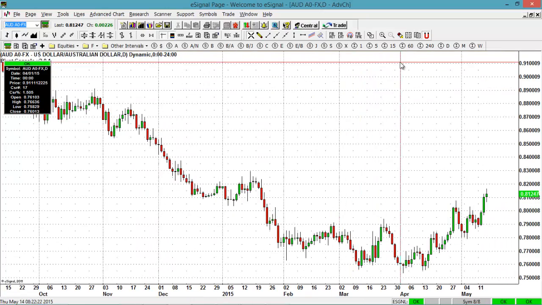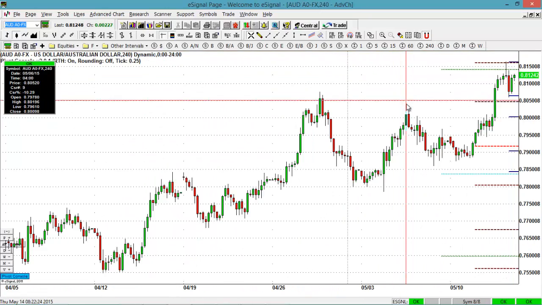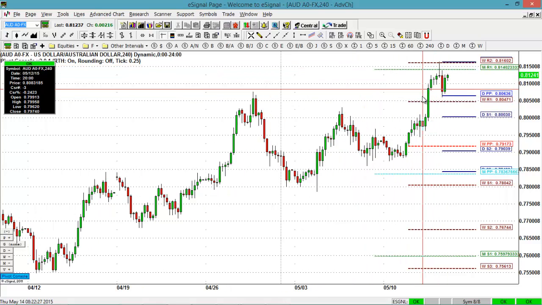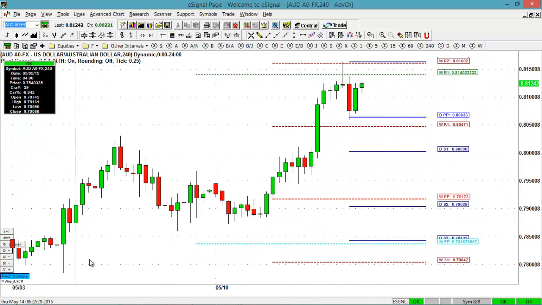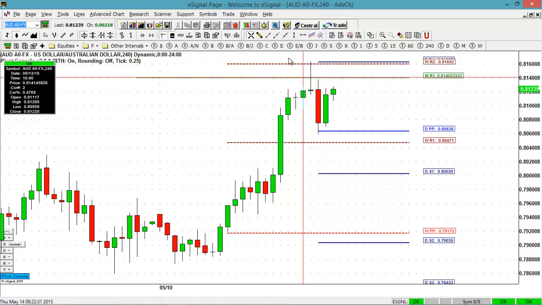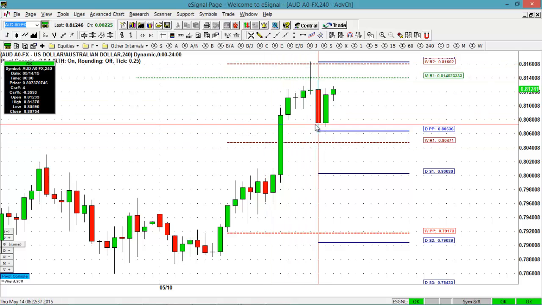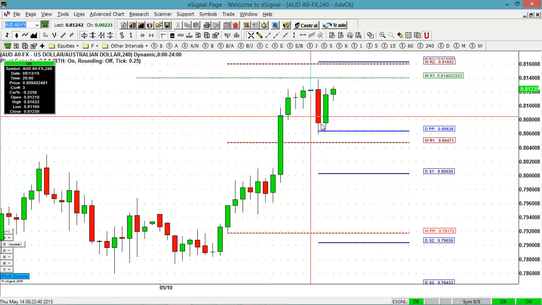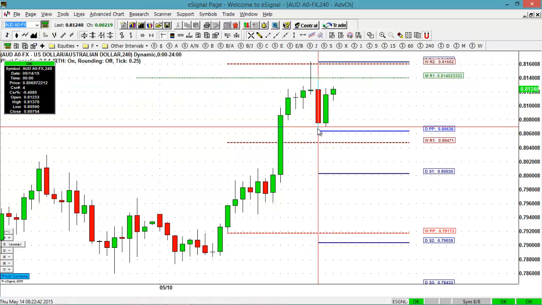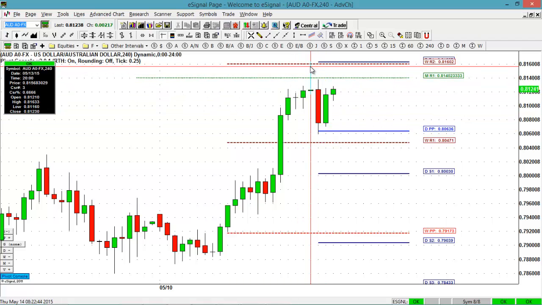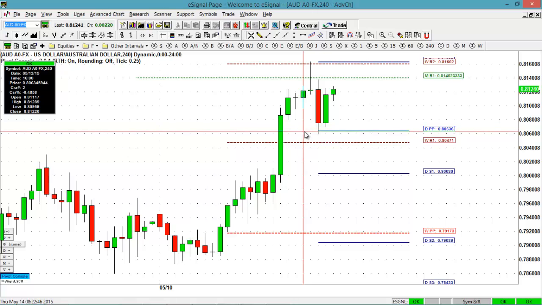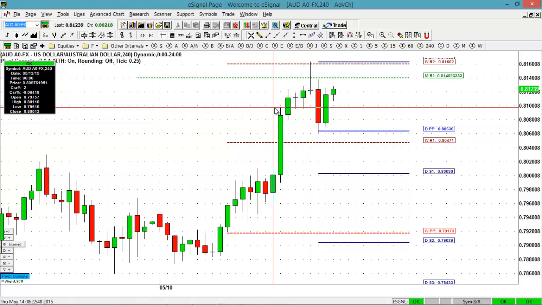Taking a look at the Australian dollar, the market declined slightly, and yesterday I spoke about the fact that we're coming up on monthly resistance and weekly resistance. Earlier in the session the market sold off from a high of 81.60 down to 80.60, just over 100 pips.